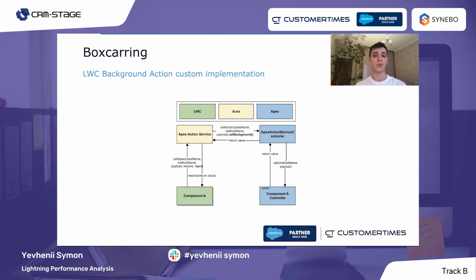Then this Apex Action Service controller, using a callable interface, calls the component A controller with the correct method name and payload. Then the component A controller returns a value, and this value is also returned to component A through this chain of elements.